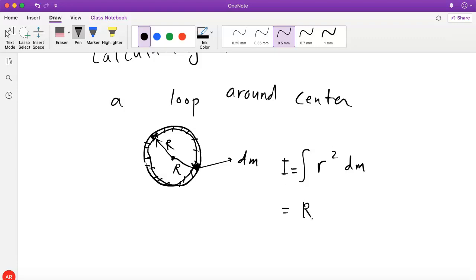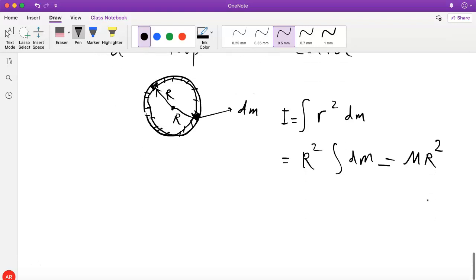So this just factors out of the integral, and then I have the integral of dm. Adding the mass of all these little pieces should give me the total mass of the loop. So that's it. There is no coefficient. The moment of inertia is total mass times R squared, because all the mass is the distance capital R from the axis of rotation.